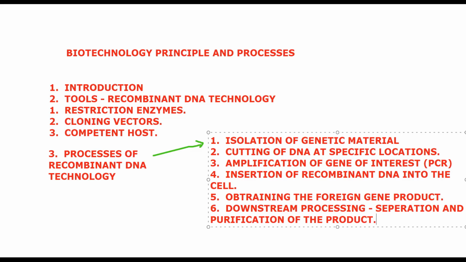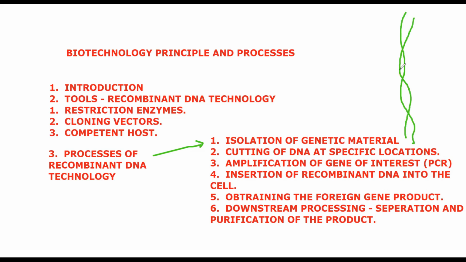So in the process of recombinant DNA technology, first we have to isolate the genetic material. Say for example, this is our entire DNA. If we want to get a product like insulin, then we isolate that particular, desirable genetic material.